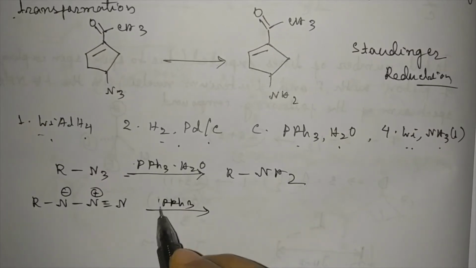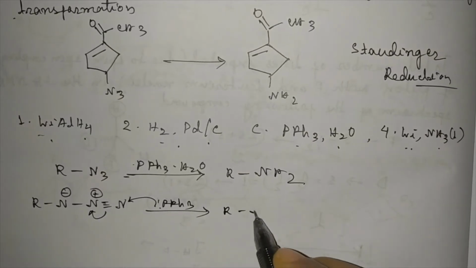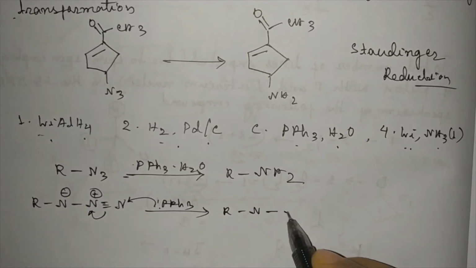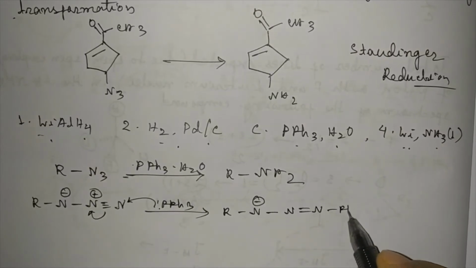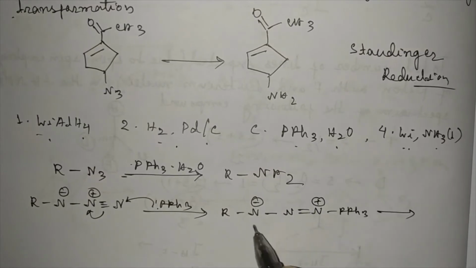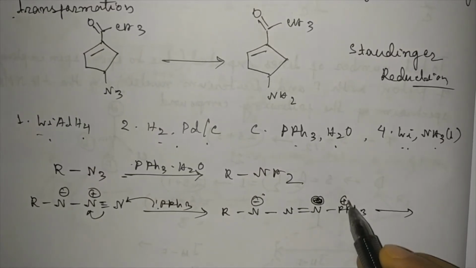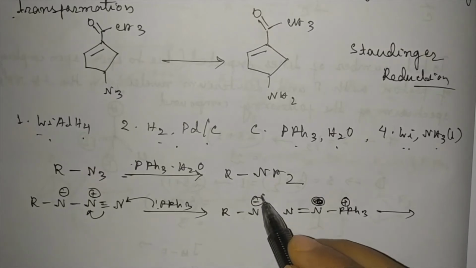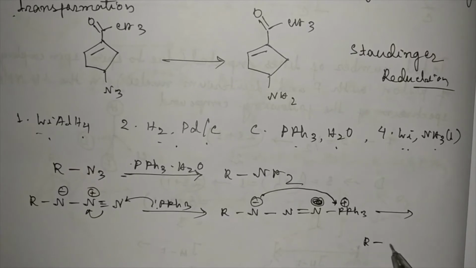PPh3 as a nucleophile will attack this nitrogen, and it will be formed. Now this negative charge, here will be the positive charge. Now this nitrogen will attack this phosphorus, and a 4-membered ring will be formed.